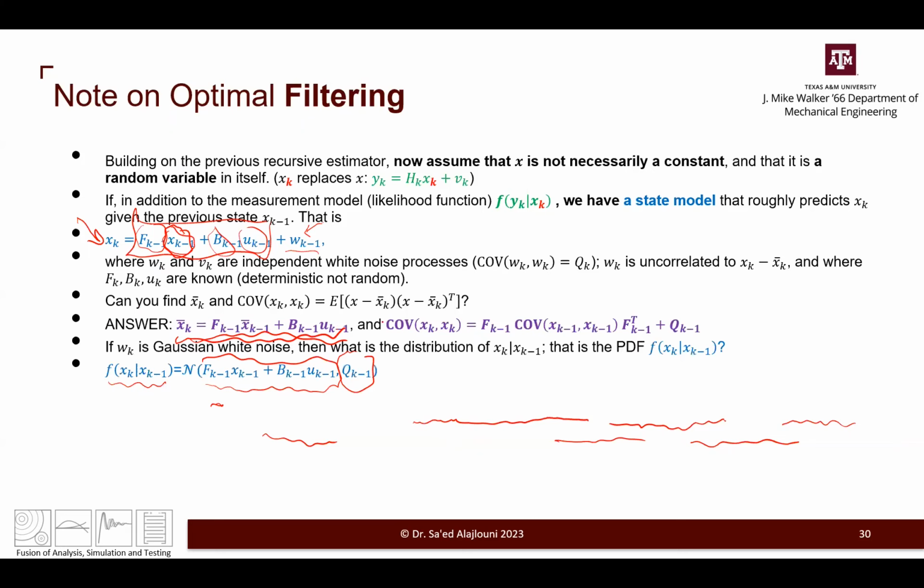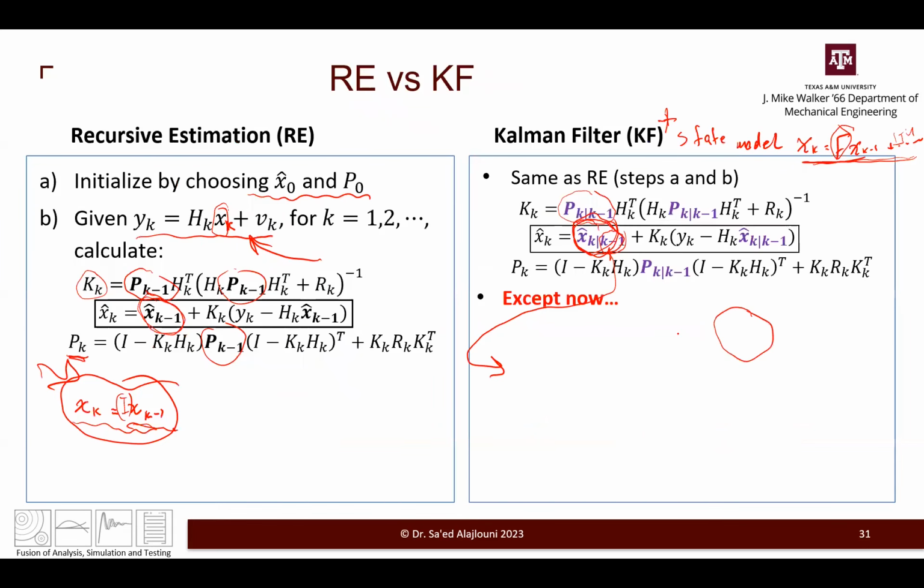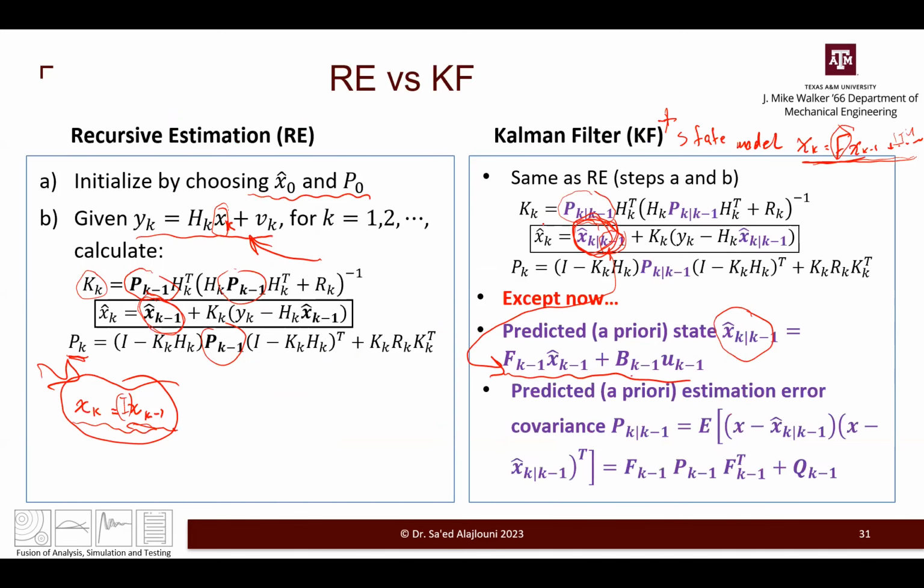And here we could also use this expression to predict the covariance. So that's what we do here. This is the equation in purple in the previous slide. We use it here to predict X hat k given k minus 1, and also P, k given k minus 1, which is defined like this and is the same equation as in the previous slide.